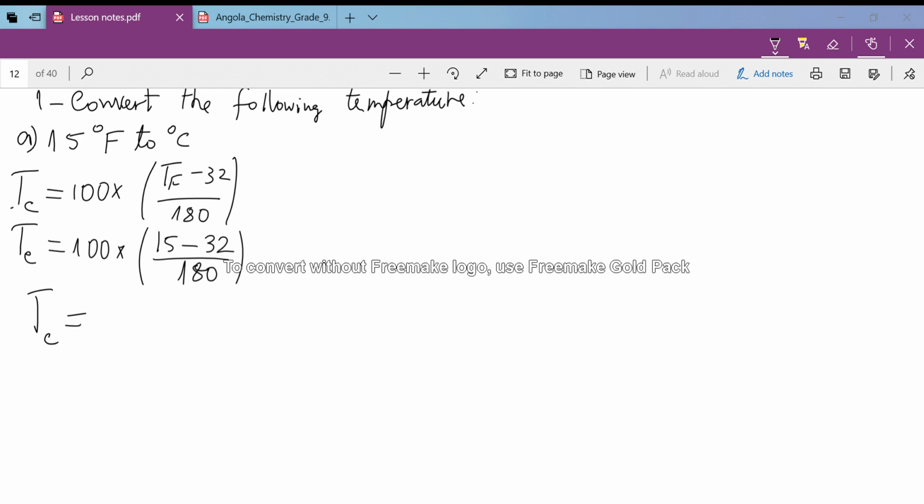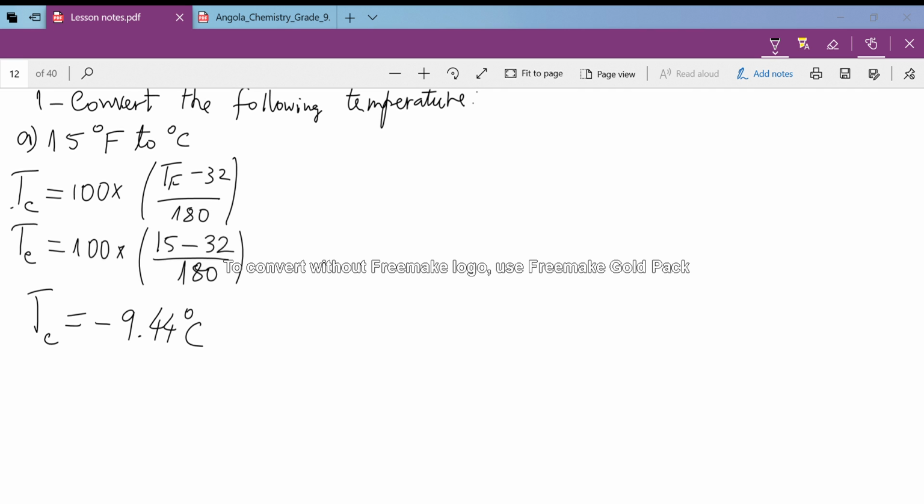Now minus 17 divided by 180. The result is 0.094444. So this number times 100, then we get minus 9.44 degrees Celsius. Okay, so this is our final answer.